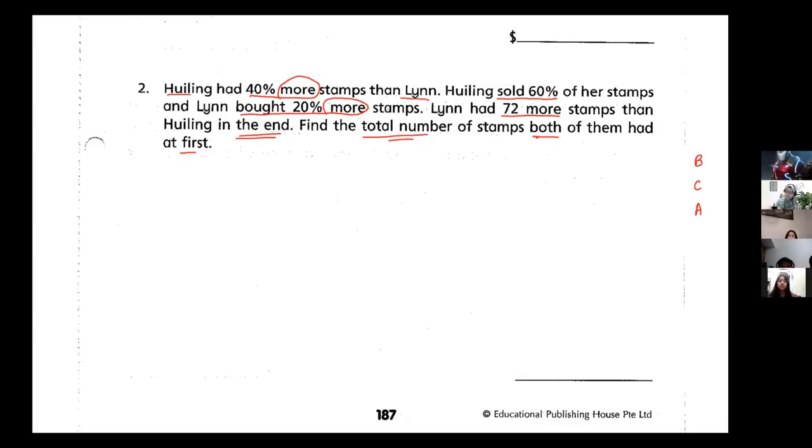Okay, let's do that. Hui Ling had 40% more stamps than Lin. So 40% is actually 40 over 100. We have Hui Ling and Lin, right? However, the word "more" means Hui Ling has more. If Hui Ling is the numerator and Lin the denominator, Hui Ling only has 40 and Lin has 100, but 40 is not more than 100.